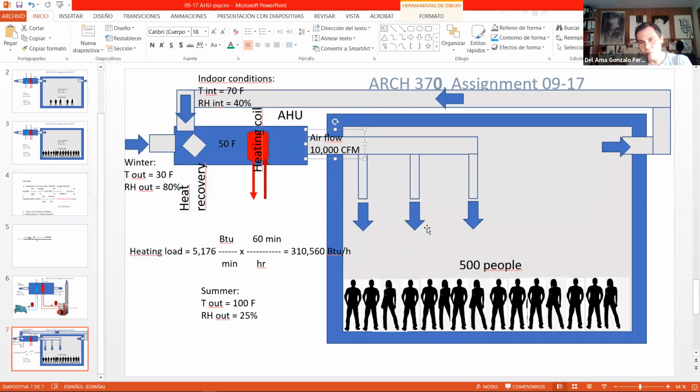If I have 3 different diffusers, now the airflow through each diffuser would be 10,000 divided by 3, which is, okay.